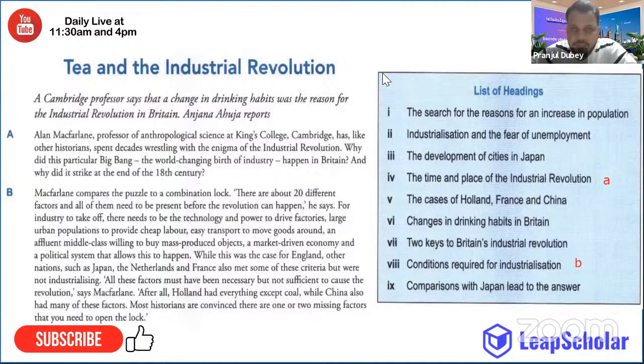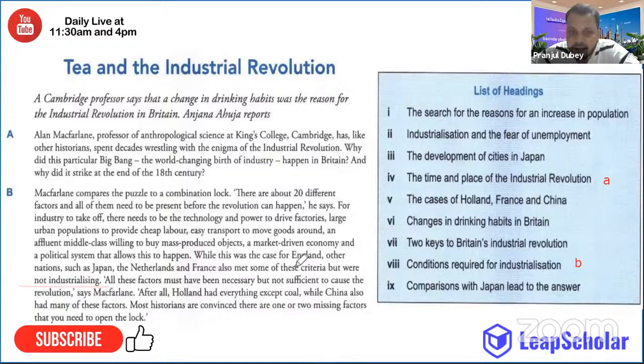The 5th one says the cases of Holland, France, and China. All right. What cases? First thing first, about industrialization, maybe. While this was the case for England, other nations such as Japan, Netherlands, and France also met some of these criteria, but were not industrializing.